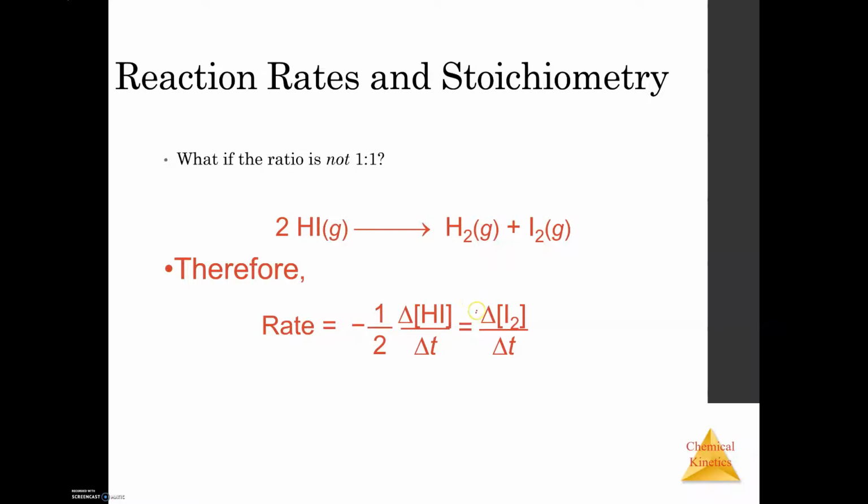And we really should have 1/1 here, but we don't, because 1/1 is basically 1. It's positive for the I2 because the products are going up, and it's negative for the HI because the reactants are going down.